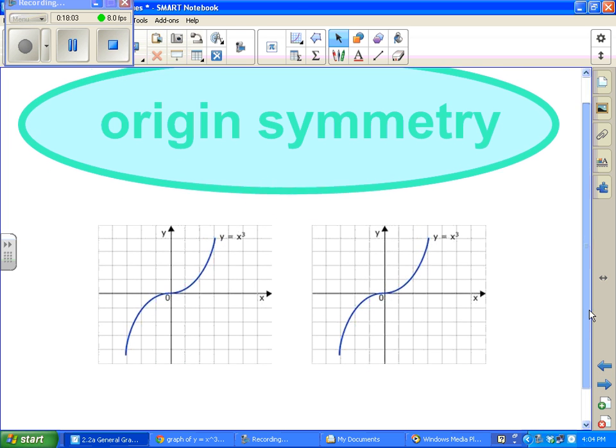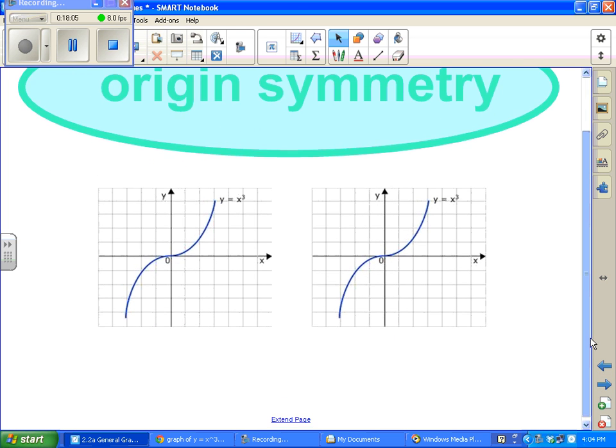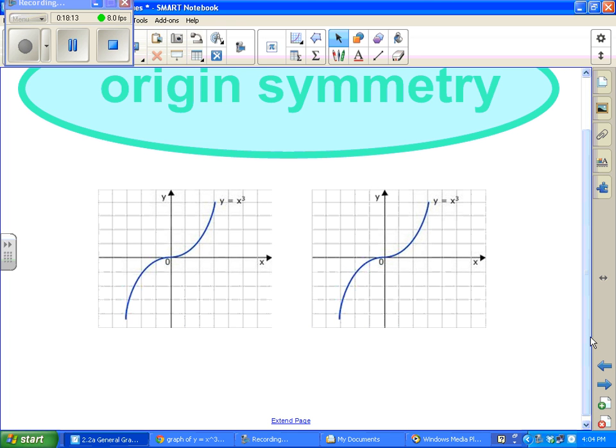Another way to look at the origin symmetry, which is the first point symmetry we're going to talk about, is origin symmetry. So what's kind of cool about origin symmetry, if you look at the graph of y equals x cubed, I have two pictures of the same graph.